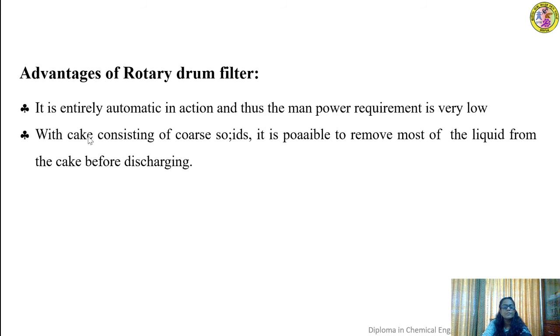If the cake present in the slurry consists of coarse particles as solids, then it is possible to remove most of the liquid from the cake before discharging. If it is a fine solid, then removal of liquid from the cake may not occur that efficiently.